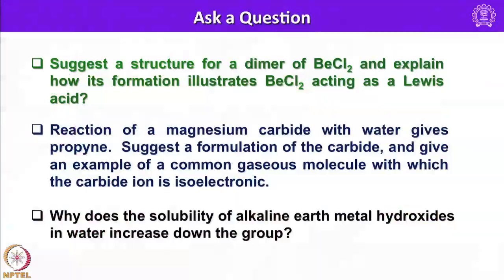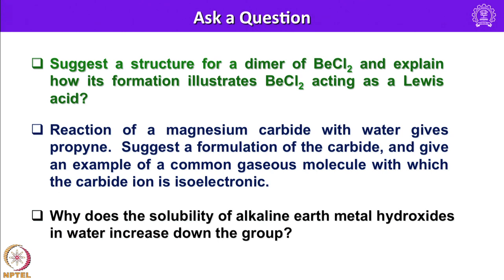Reaction of a magnesium carbide with water gives propane. Suggest a formulation of the carbide and give an example of a common gaseous molecule with which the carbide ion is isoelectronic. That means magnesium carbide with water gives propane. So, the formation of propane indicates that the carbide should have 3 carbon atoms.